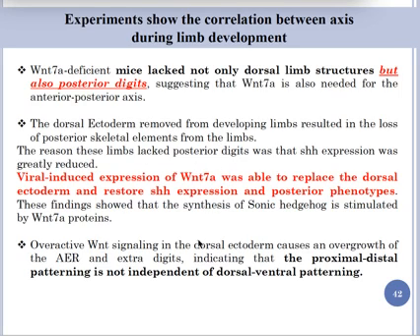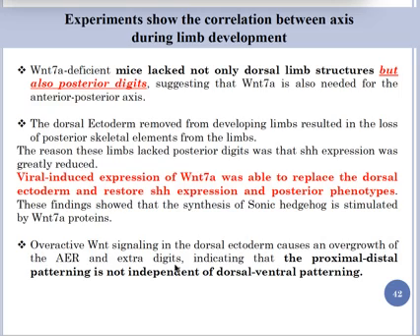So it seems there is a correlation between the dorsal-ventral axis mediated by Wnt7a and the anterior-posterior axis controlled by the ZPA and the expression of Sonic hedgehog.